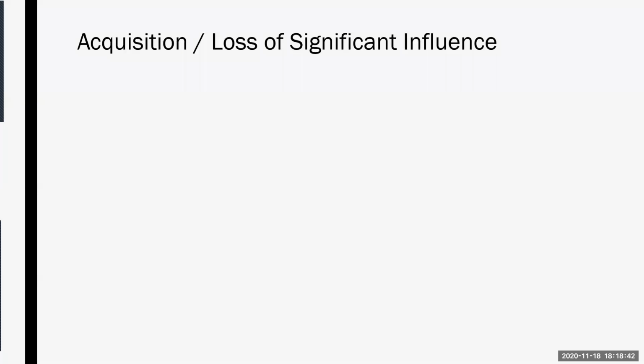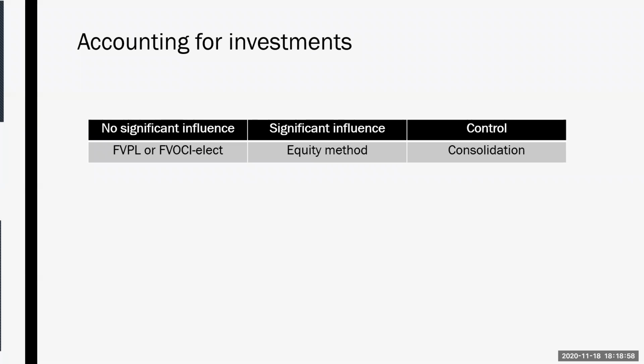When we talk about changes in ownership, one aspect of that could be the acquisition or loss of significant influence by the investor. So recall I mentioned the three stages.